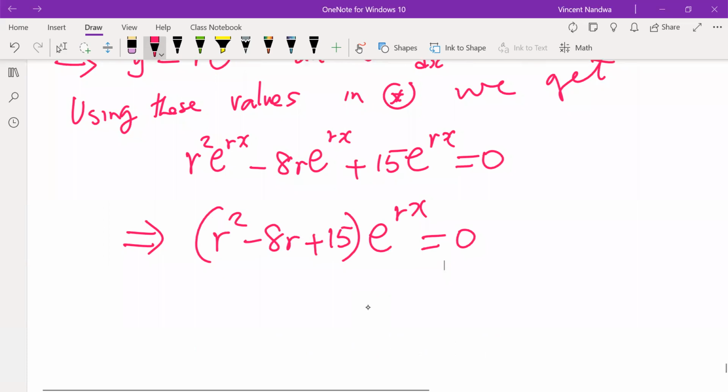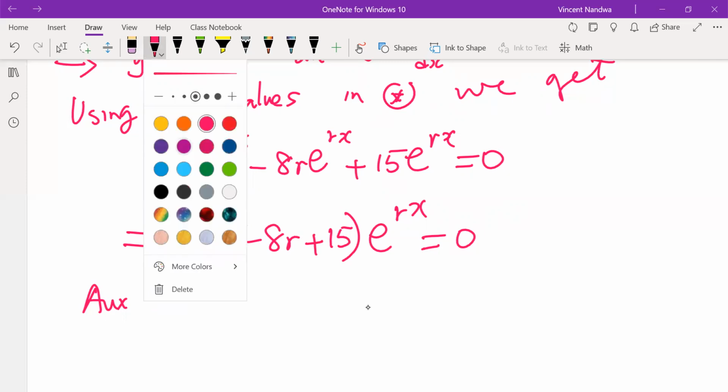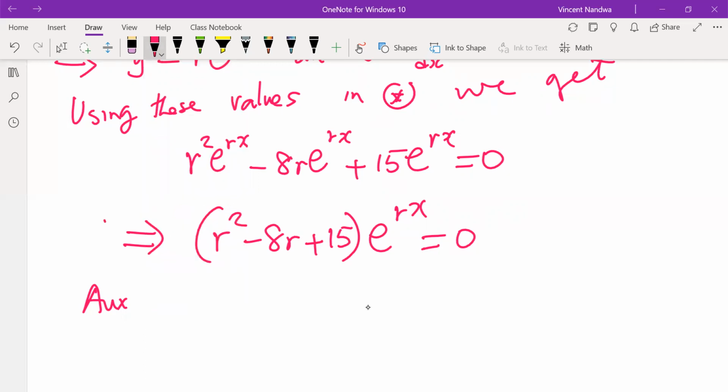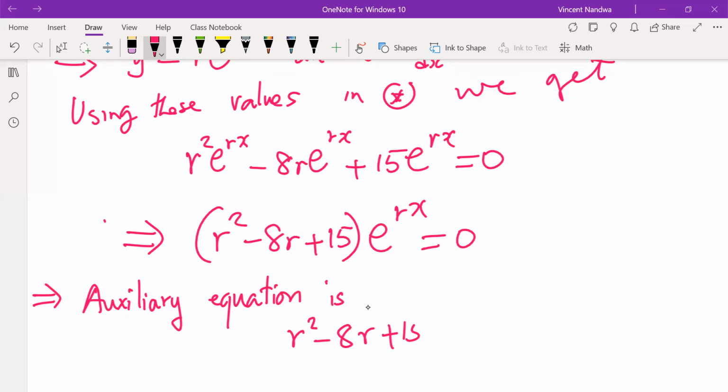So the auxiliary equation or characteristic equation is r squared minus 8r plus 15 equals 0, since the exponential part cannot be 0.